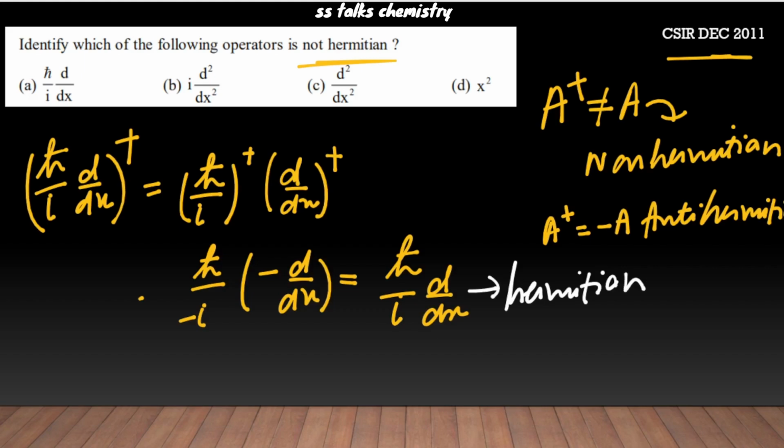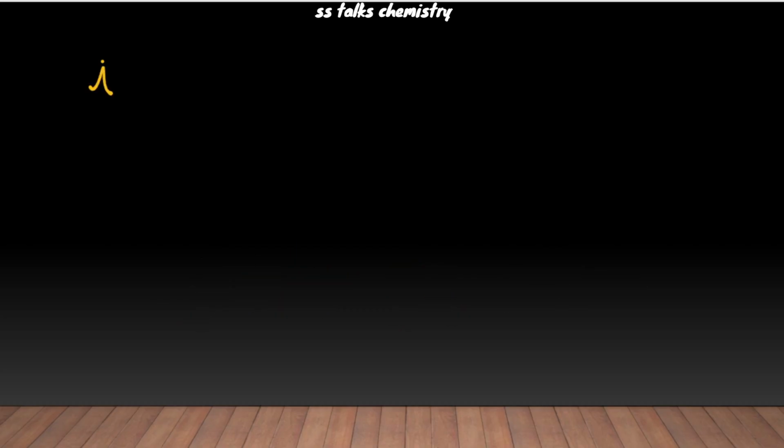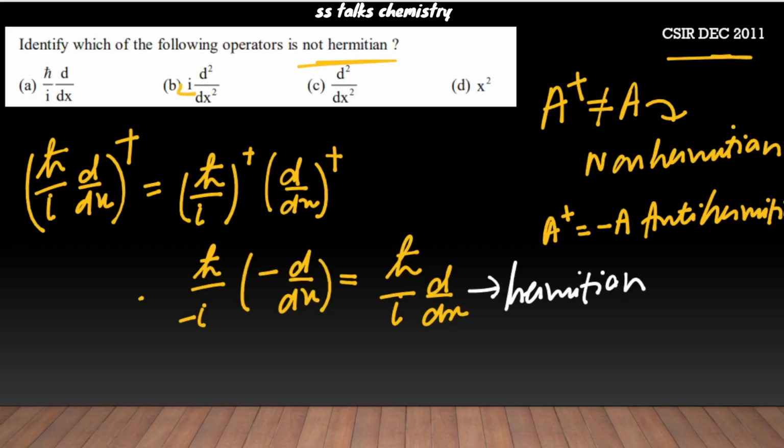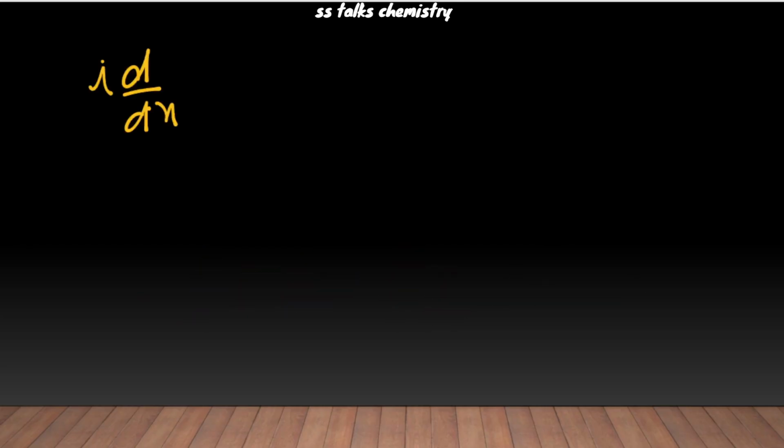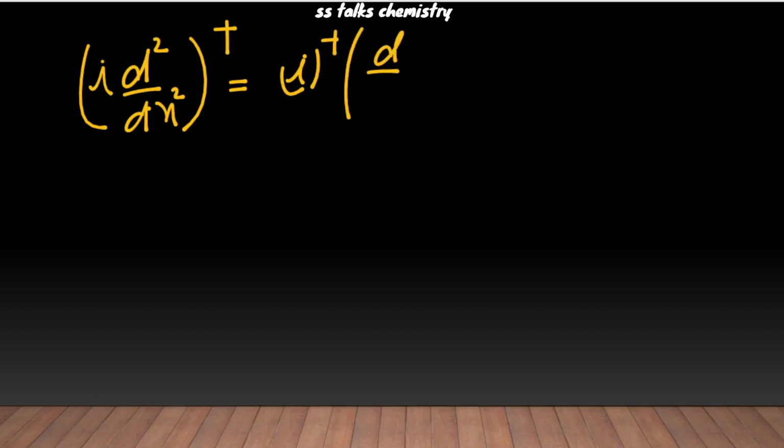Next is iota times del square by del x square. The dagger of it will become iota dagger into d by dx dagger squared. This iota dagger is minus iota.